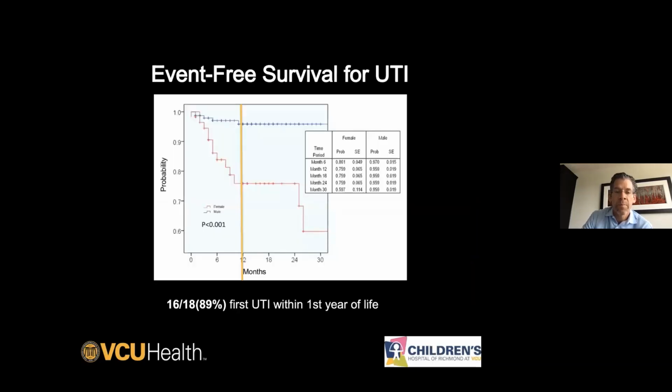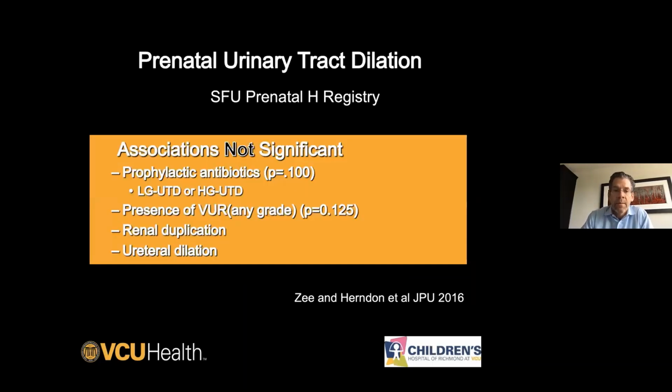This chart represents the decay curve for infection, and we found that close to 90% of the infections occurred within the first year of life. And certainly this may have implications for those that you do put on prophylaxis. Factors that were not significant were prophylactic antibiotics, presence of reflux, renal duplication, and interestingly, ureteral dilation.